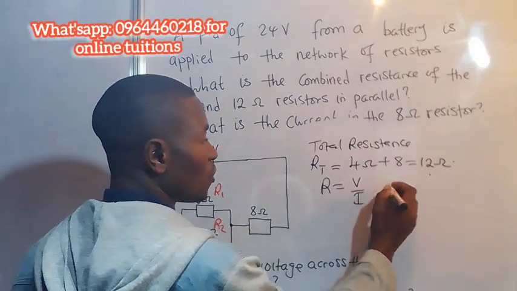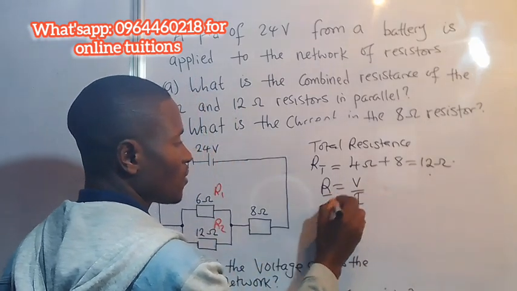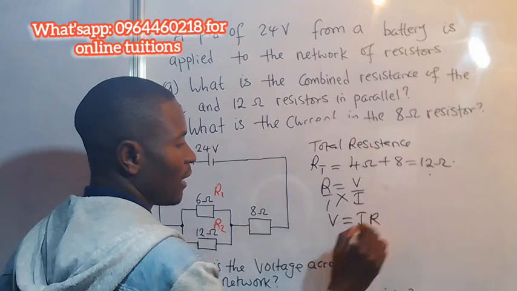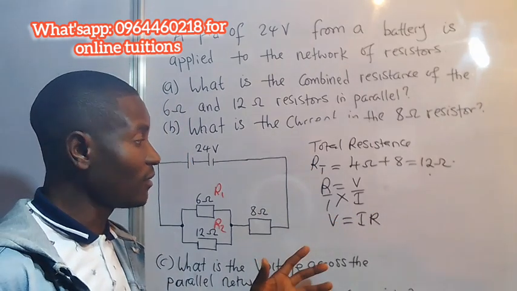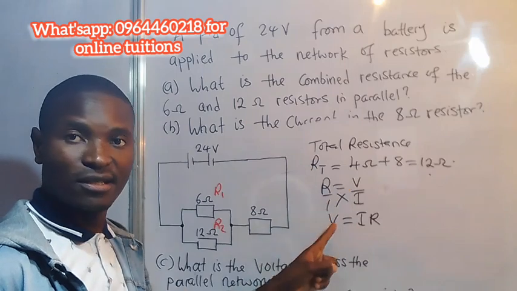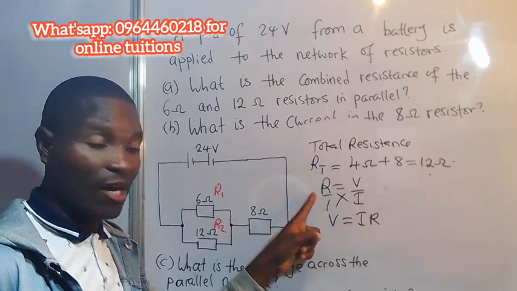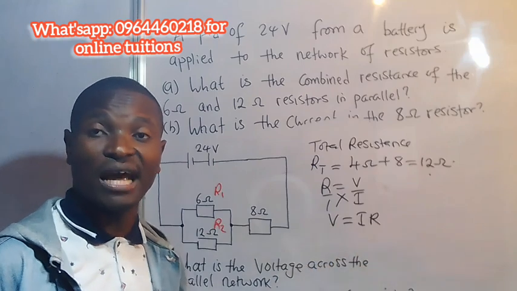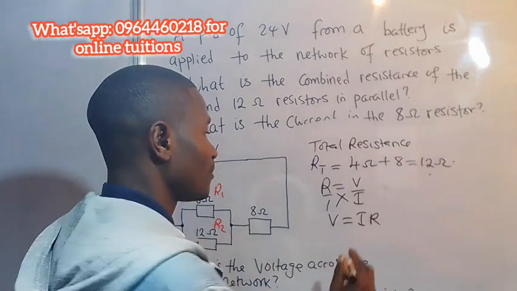So V equals I R. You cross multiply, so 1 times V is V and I times R equals I R. Now we are looking for I, so we divide both sides of the equation by R.